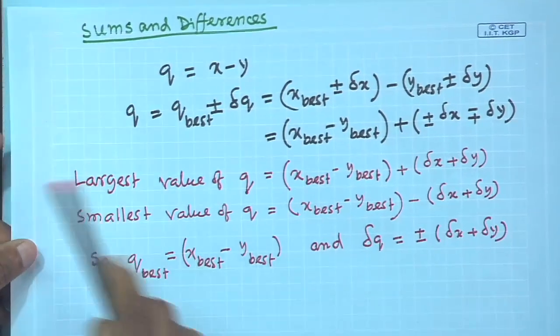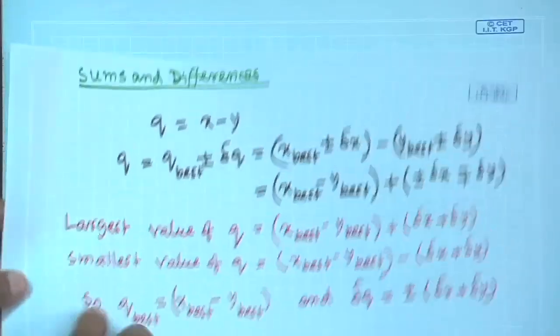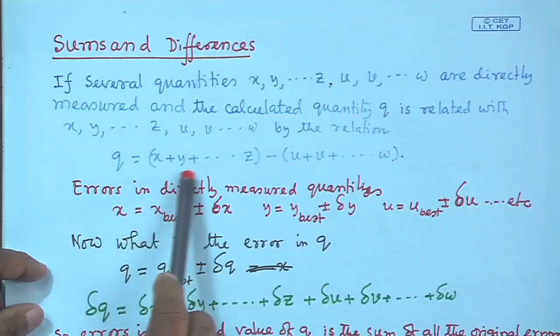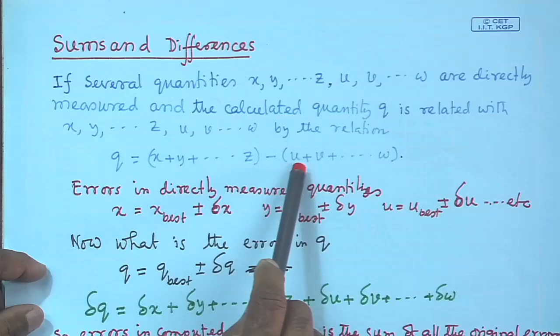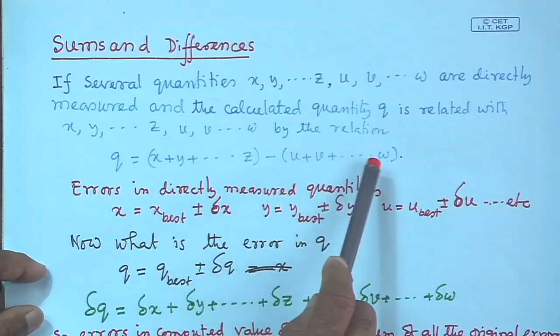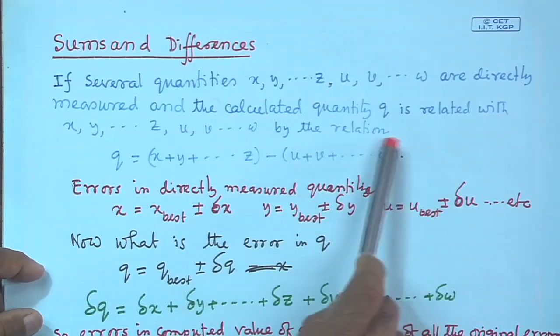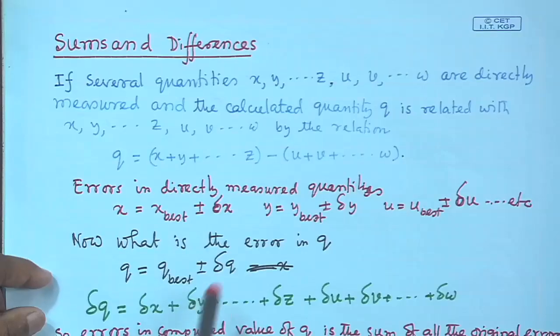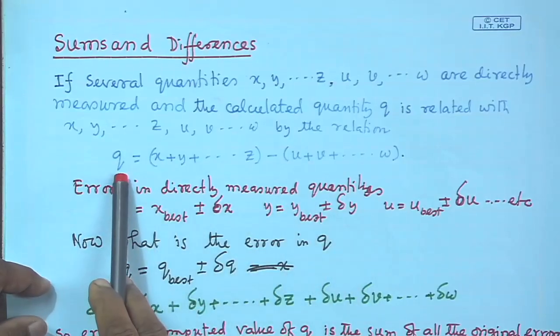So you can take this in a general way. If some relation q equal to x plus y plus z minus u plus v plus etcetera, what will be the error delta q?